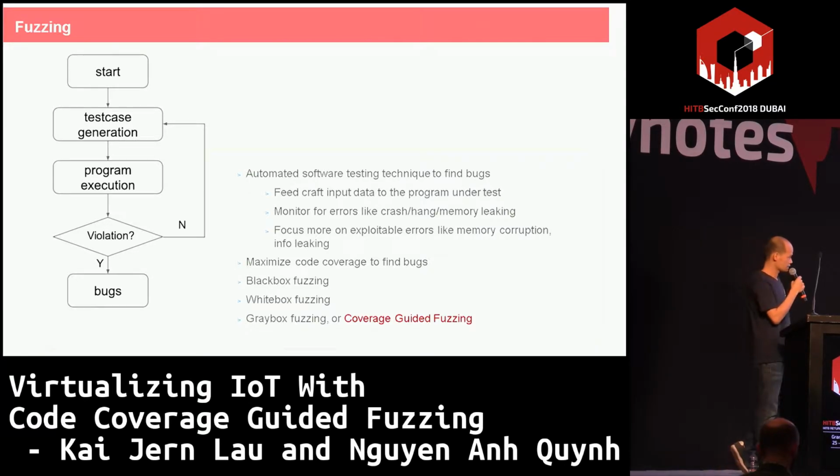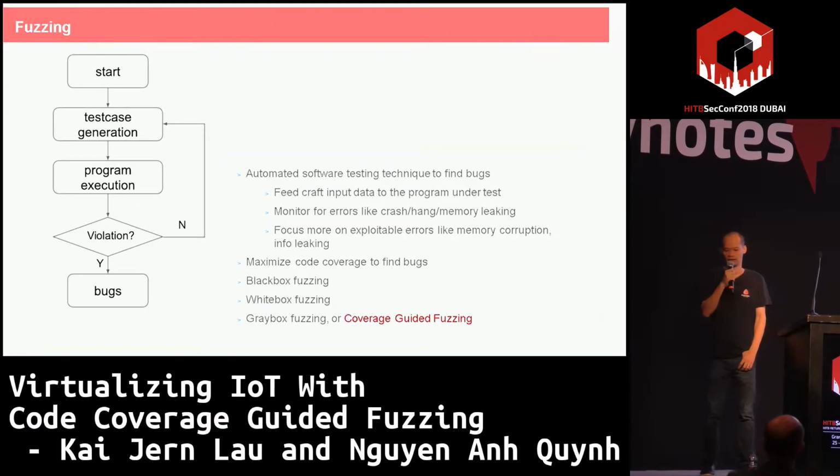So here comes the third type of fuzzer, which is the gray box fuzzer, something in between. Not black, not white. We also call this one the coverage guided fuzzer, and this is our main focus in this research.